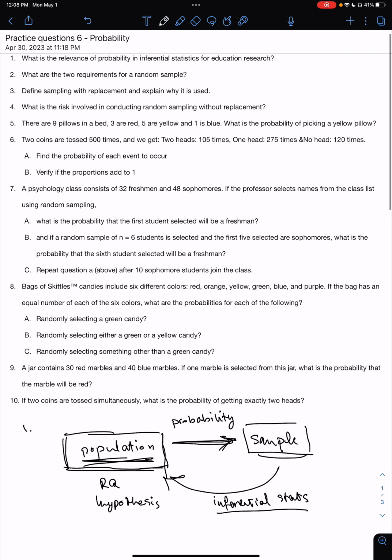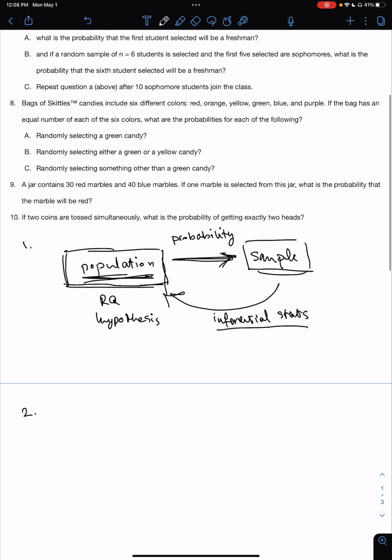Okay, let's look at question 2. What are the two requirements for a random sample? So the first requirement is that each individual has the same probability of being selected.